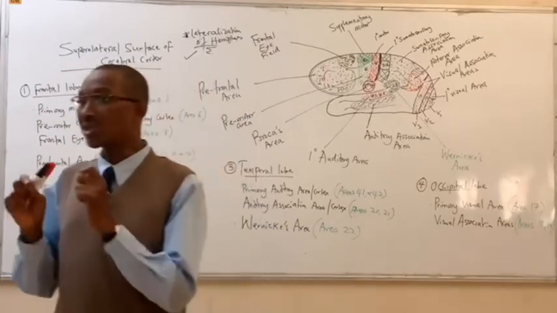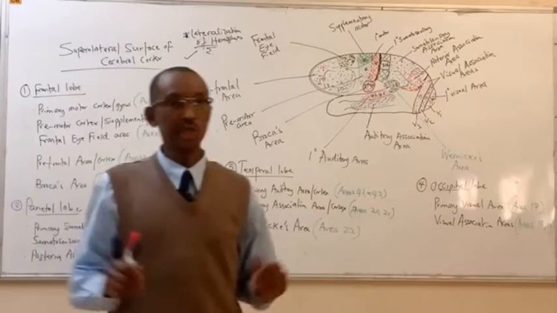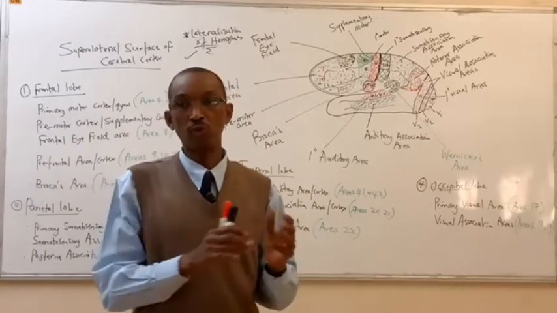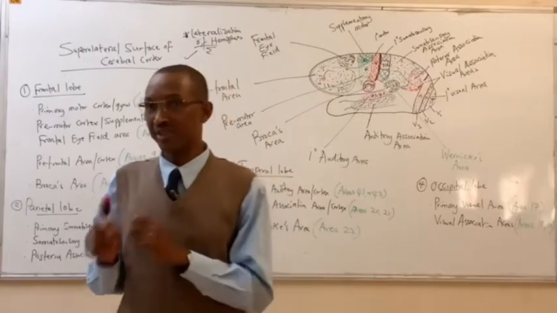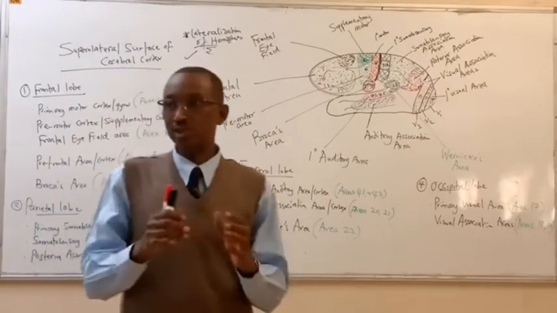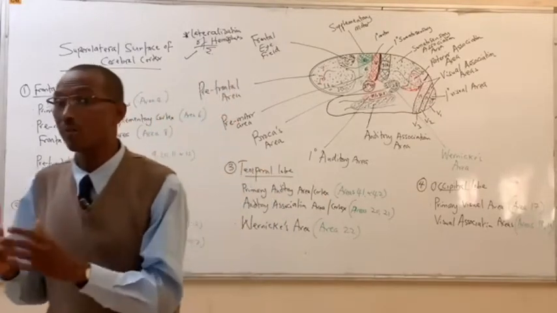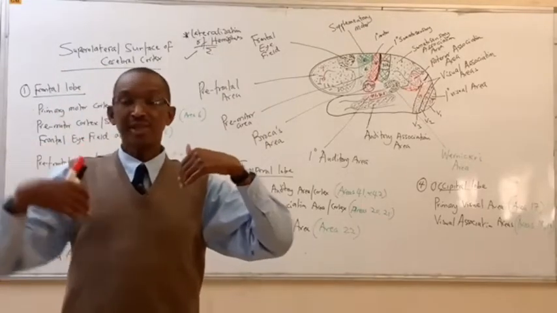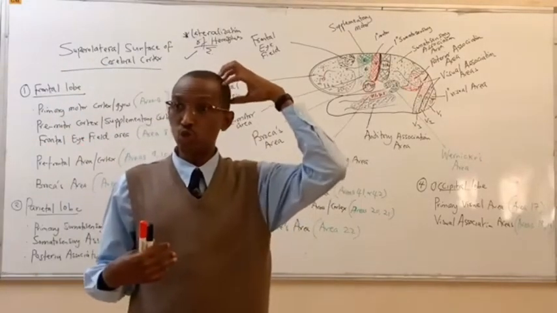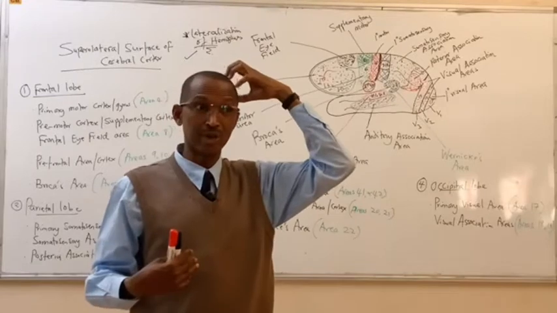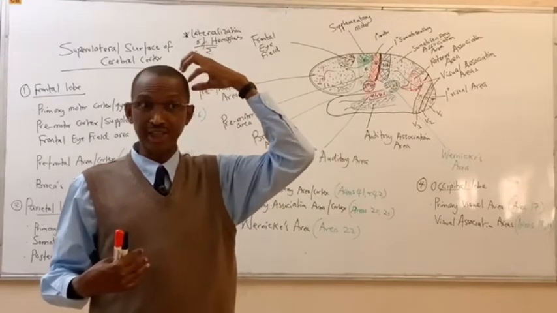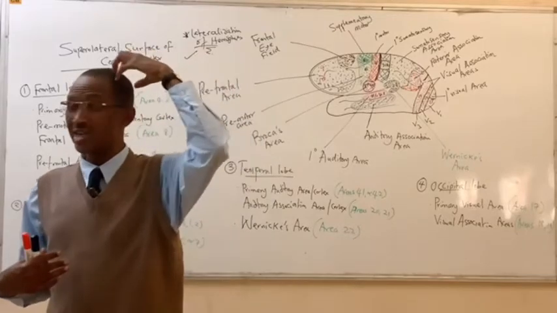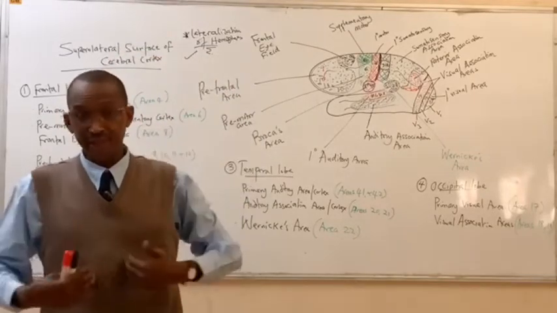What is the reason for this control of one side by the other? It is because of decussation of the descending fibers. That means the axons of the neurons of the left cerebral hemisphere, the white matter component, come down as the corona radiata, and descend to the spinal cord.